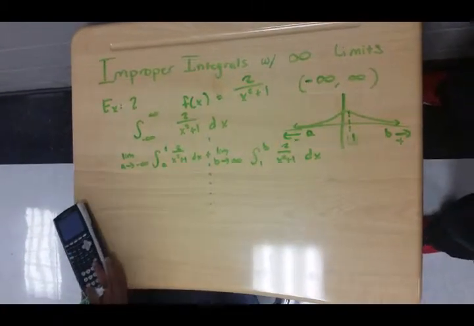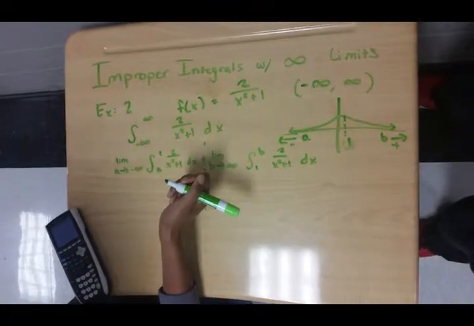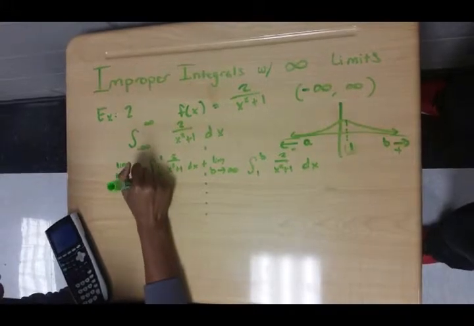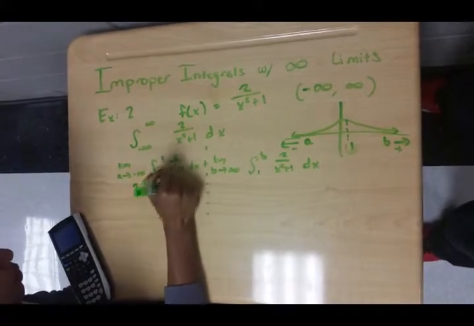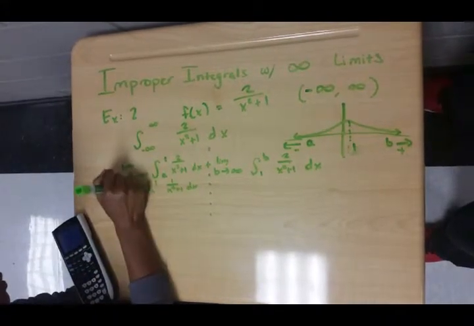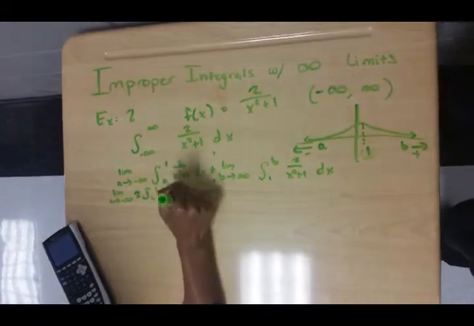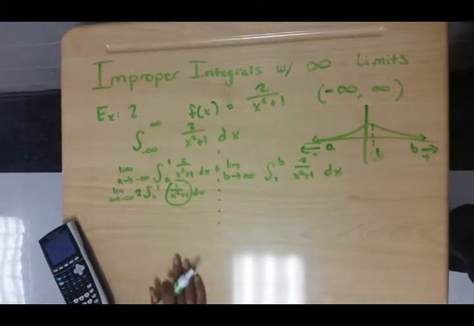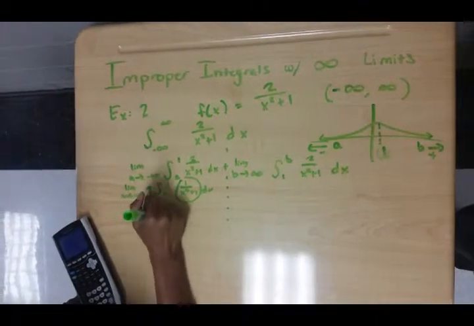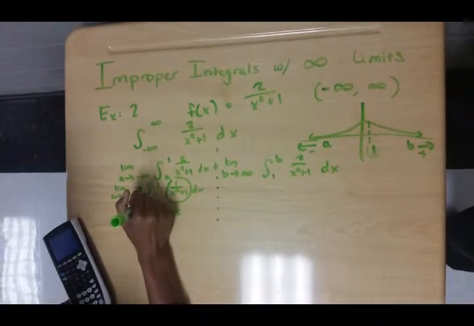When solving this one, you can pull the 2 out to the front. When you do that, you have the integral from a to 1 of 1 over x squared plus 1 dx, with the limit as a goes to negative infinity. You'll notice that the antiderivative is the arctan of x. So it'll be 2 times the arctan of x from a to 1.